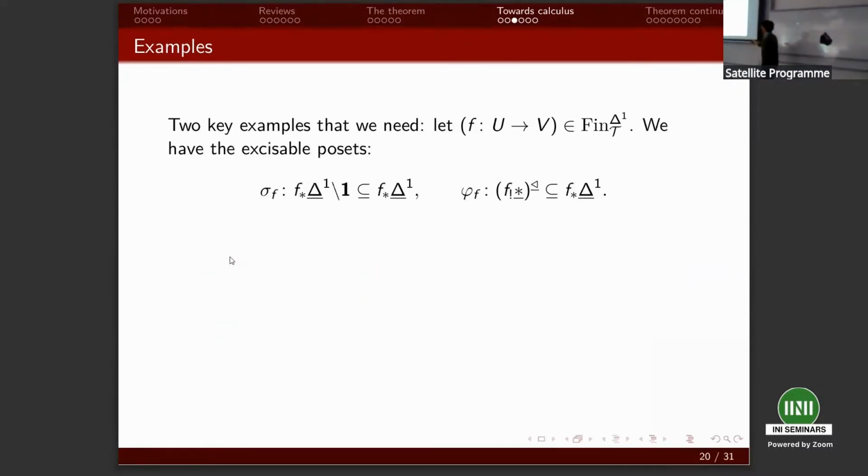Namely, you can look at the thing which is just punctured away from the final object, or you can look at the thing which is F lower shade. You should think of this as a finite co-product of points, and then I just adjoin the initial object. I'll draw a picture so that this becomes natural. You can think of this F lower shade as the singletons in the cube.